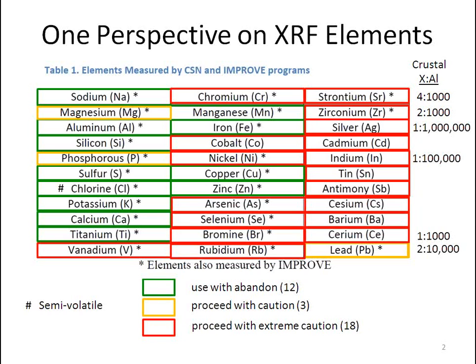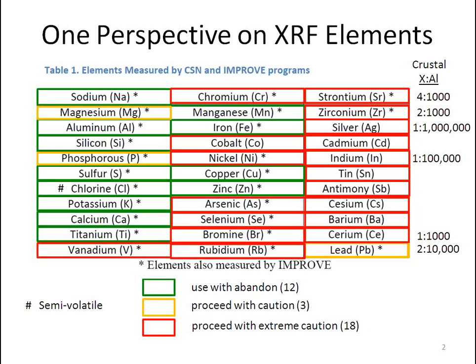On the bottom, there are about 12 of them that I would use pretty freely without too much worry about what their data quality is, because there are pretty well-known ways of analyzing these elements and good standards for doing it. There are another 3 or 4 that I would proceed cautiously with for any number of reasons. And then there are about 18, a little bit more than half, that I would proceed only with extreme caution or even not proceed at all.